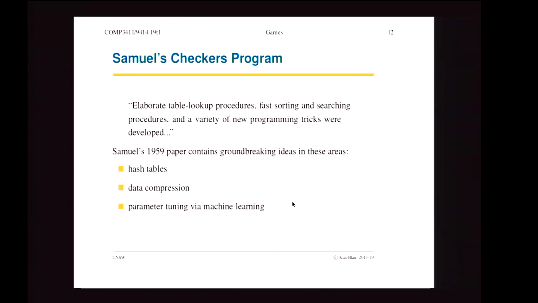Maybe it's an exaggeration to say he invented hash tables, but he introduced new techniques, and that has later become this field of hash tables. He needed to be able to store more data in his computer than the memory that he had, so he invented new types of data compression. And he also invented parameter tuning via machine learning. So you can really see how this has been a driver of these technologies, which are then more widely applicable to other areas.